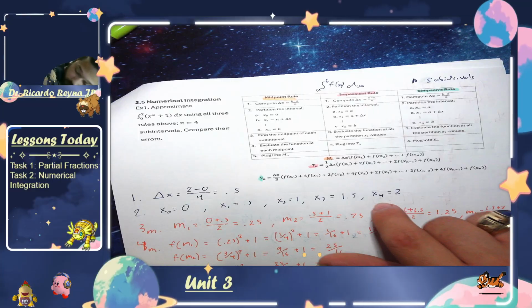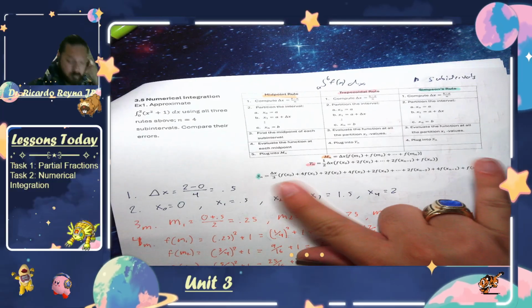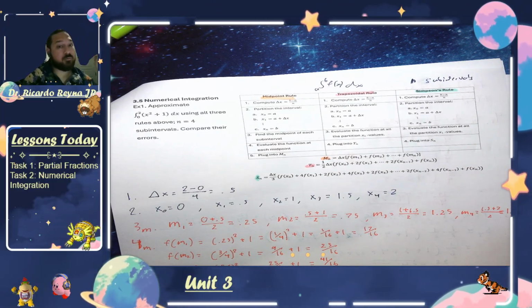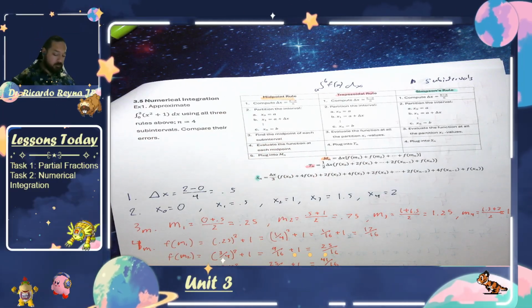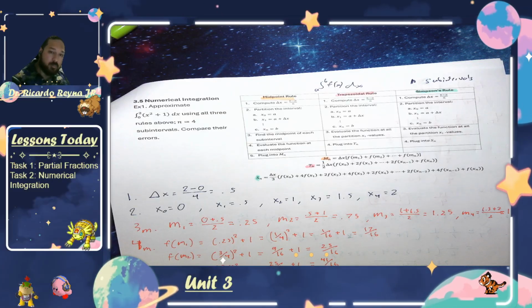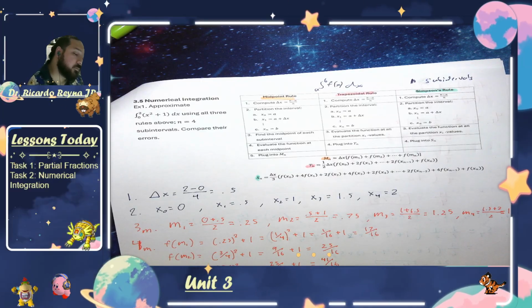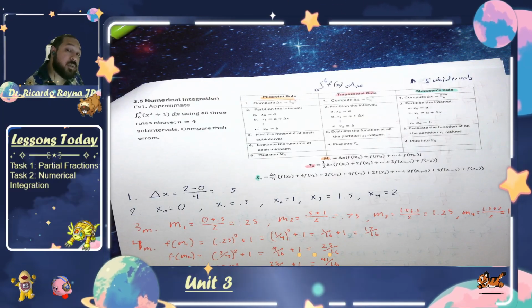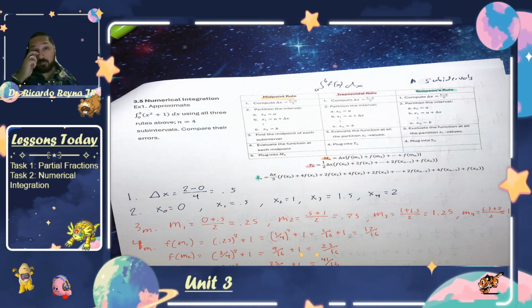Do not include the first and the ending coefficient, I mean, the ending inputs. And then for the midpoint rule, use the midpoints for all of these. It looks very much like the Riemann sums we learned in our first unit, in section 1.1.